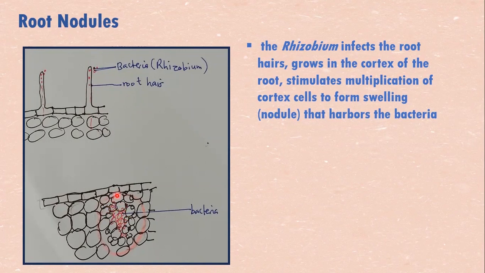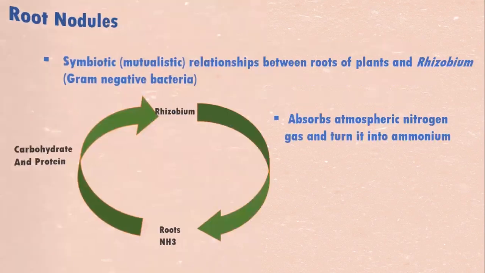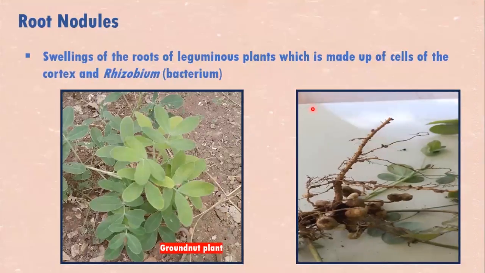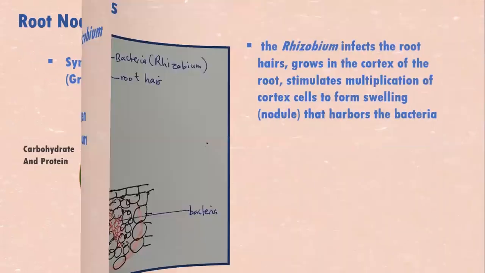It's just a multiplication of cortical cells with bacteria inside that has swollen to form a nodule, and the bacteria is there. They have the ability, even there in the nodule, even though they are here in the soil, to absorb atmospheric nitrogen for the roots.